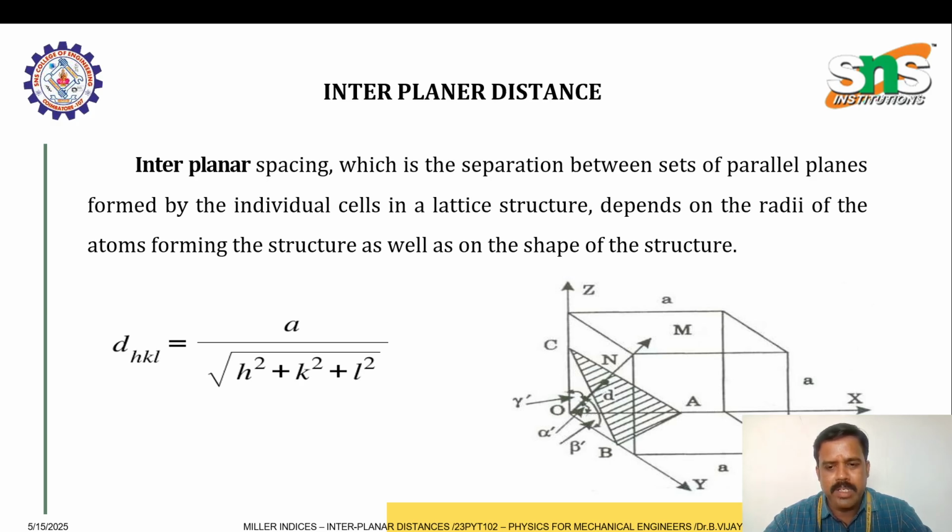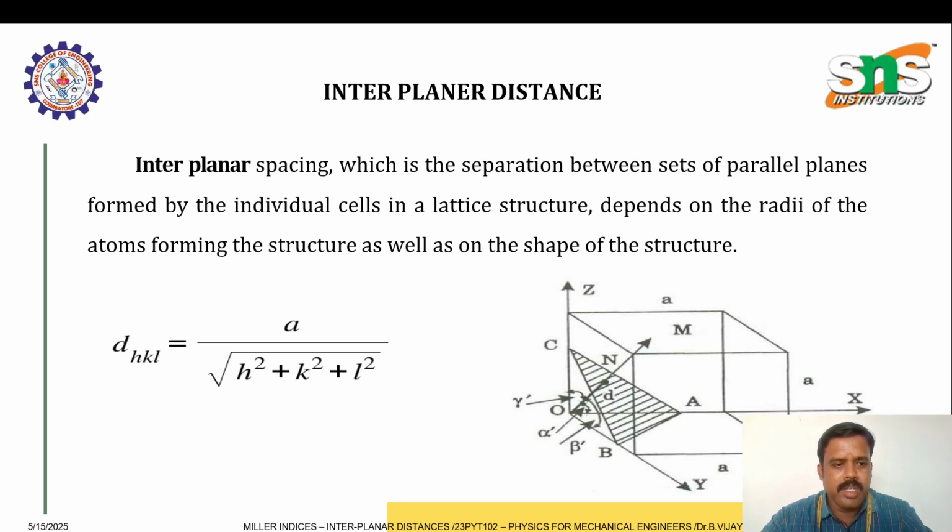It forms intercepts, giving one triangle ABC. The corner O is the starting point. We draw the normal from O, giving ON, which meets the centroid of the triangle ABC. We also get the angles alpha, beta and gamma with the coordinate axes.